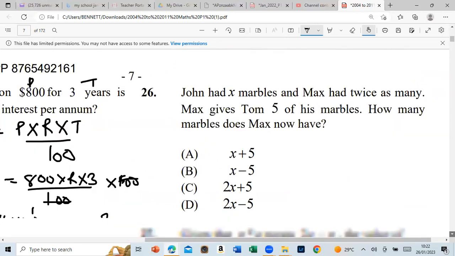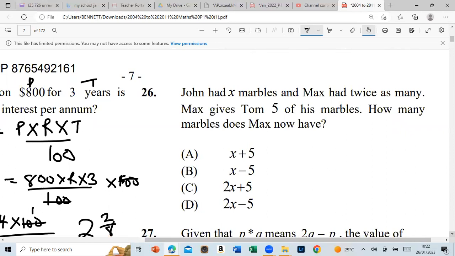John had x marbles and Max had twice. So John, let us write down the information. Guys, it's very important to just write down the information. Max, Mad Max, has twice as much, the same as 2x. Tom.